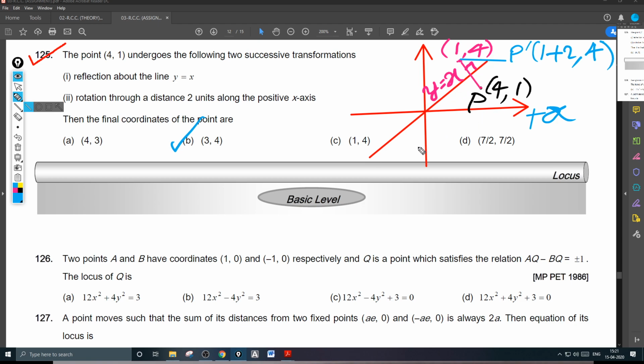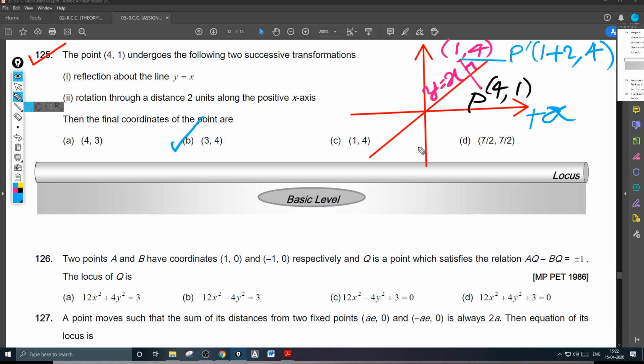The important point to be remembered by you is that whenever a point (a, b) is reflected in the line y is equal to x, you have to take y is equal to x as the mirror. If you see the image of a point (a, b) in the mirror line y is equal to x, that becomes (b, a).